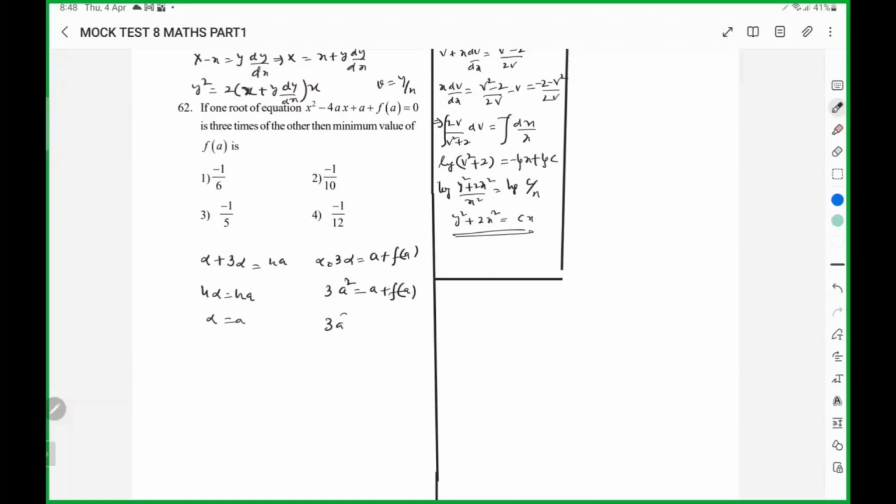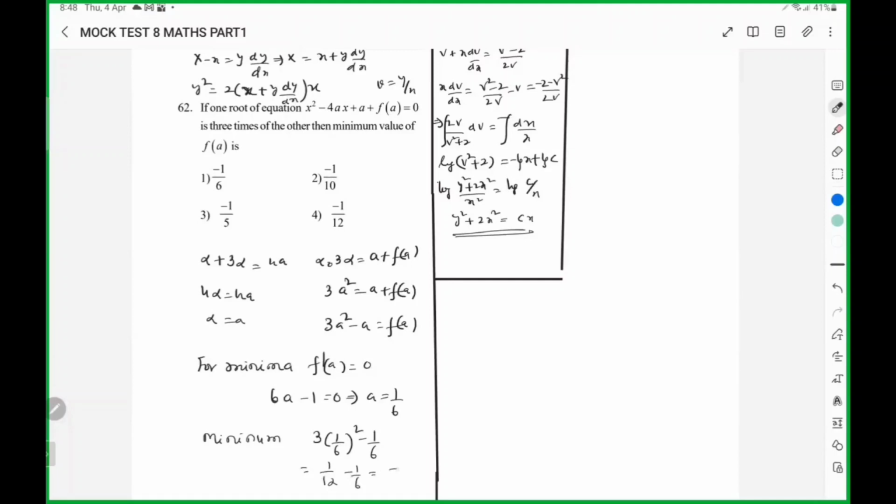So 3a square minus a is f of a. For minimum, f dash a is 0, that is 6a minus 1. A becomes 1 by 6. So the minimum will be 3 times 1 by 6 whole square, 1 by 12 minus 1 by 6, which is minus 1 by 12.